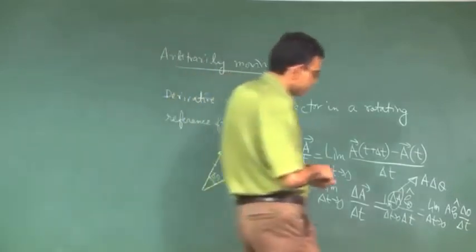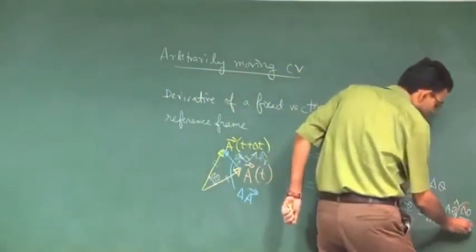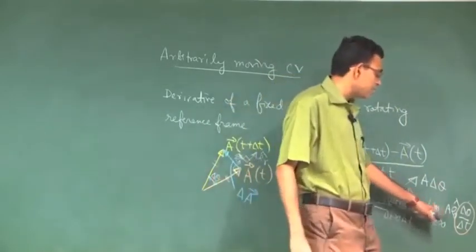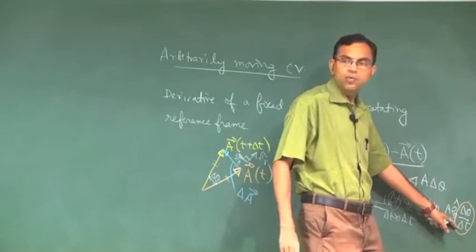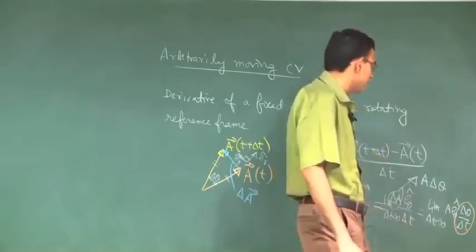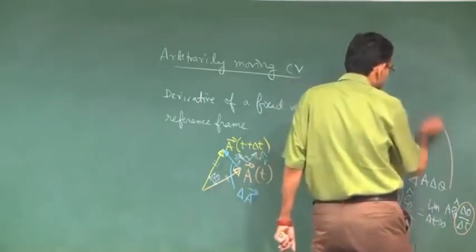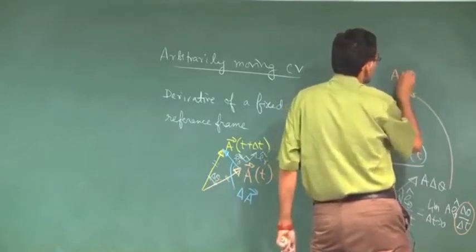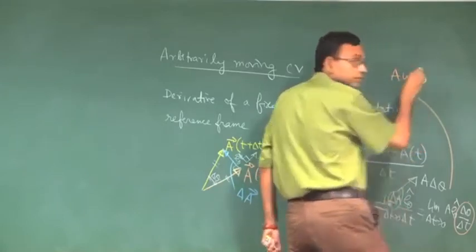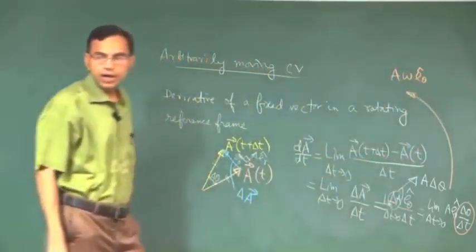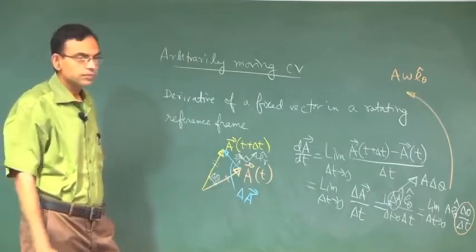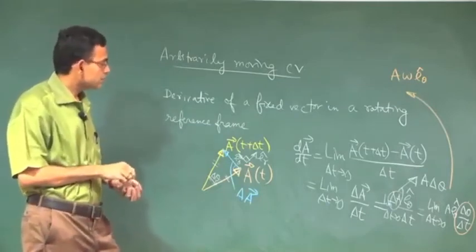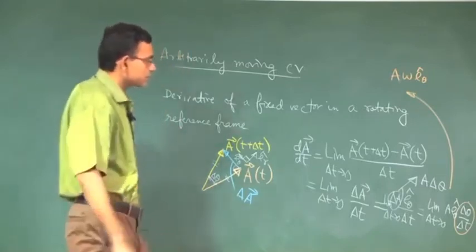By the definition, the limit as delta t tends to 0 of delta theta by delta t is omega, which is the angular speed. So this becomes A omega E theta.